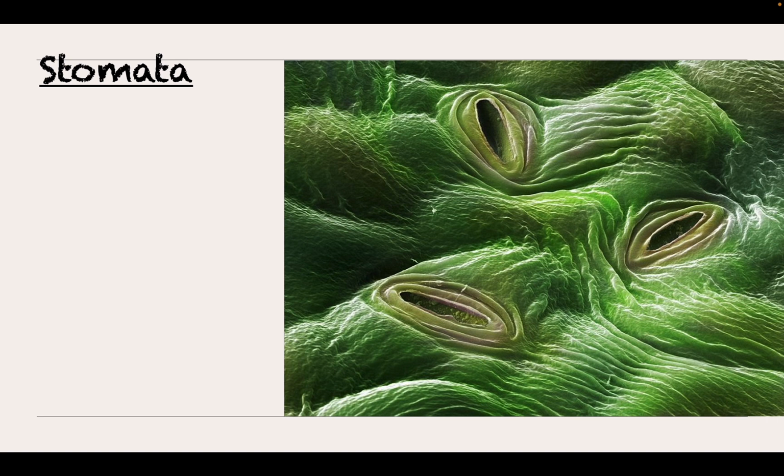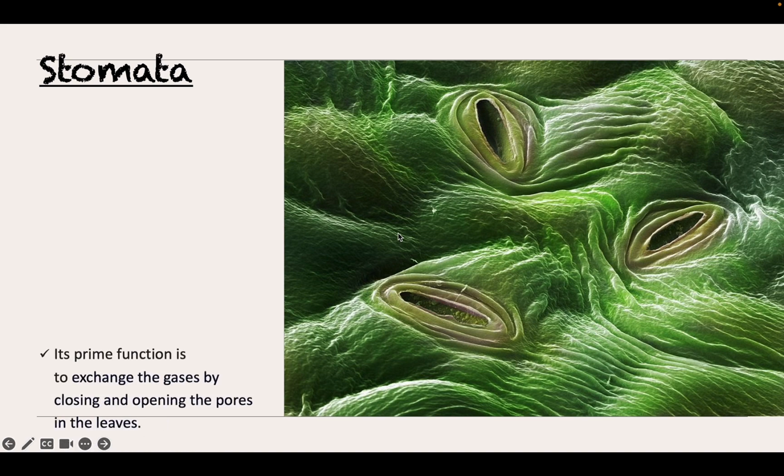Stomata is present at the bottom layer of the leaf, like at the back side of the leaf, as small openings, which allow the diffusion, that means the entry and exit of oxygen and carbon dioxide. Both the gases enter and exit through these spaces. These are present below the leaf, that means the base of the leaf.